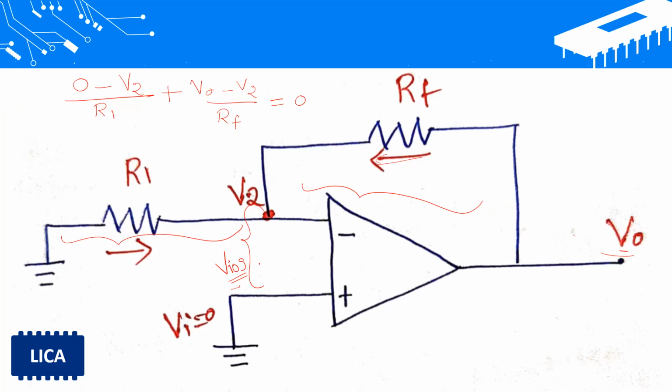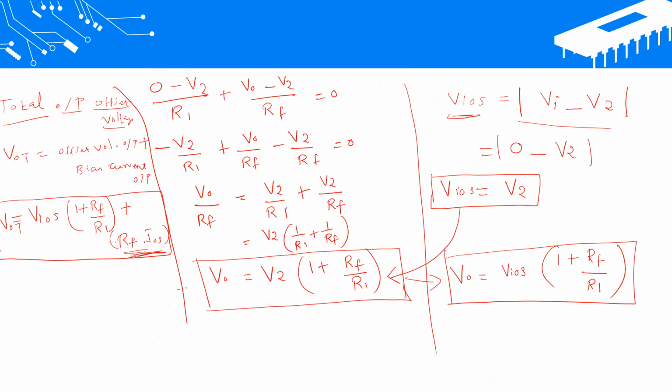So from this I am taking VIOS equal to V1 minus V2, and I am writing it here.